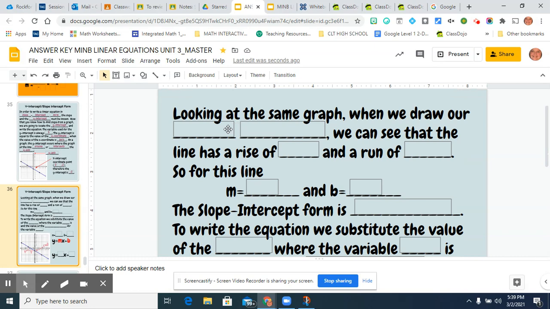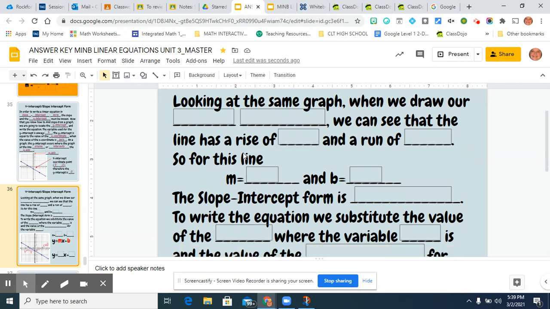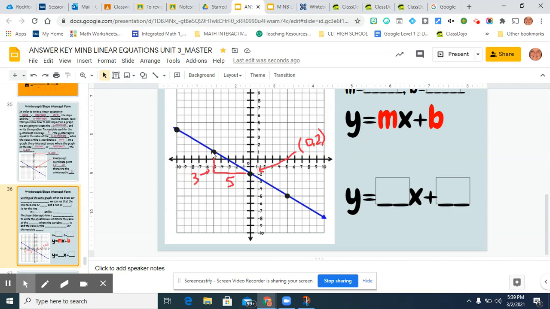Down below we have the same graph. When we draw our slope triangle between two points, I just chose these two points. Remember, I can choose any two points on the line, and I should get the same ratio once I simplify. Going from the second point to the third point, I went down 3, so that's a -3, and I went over 5.